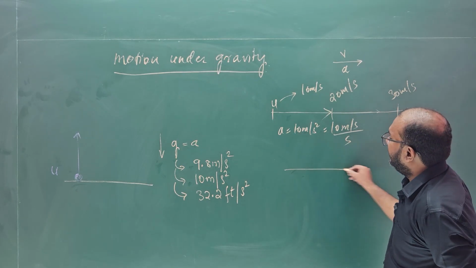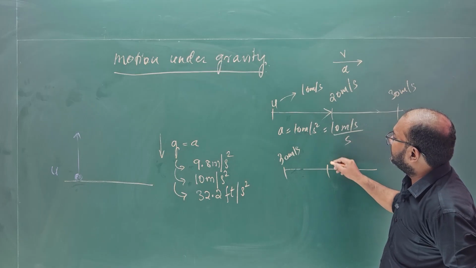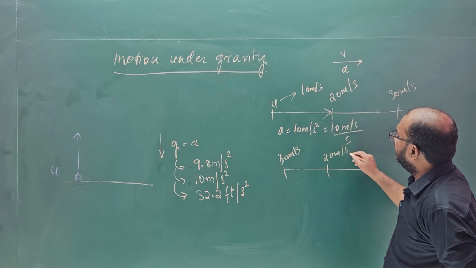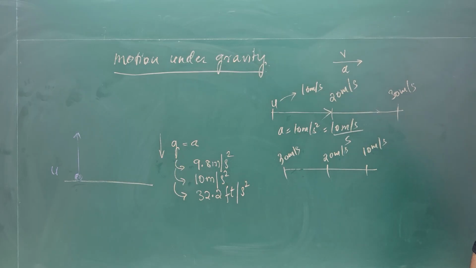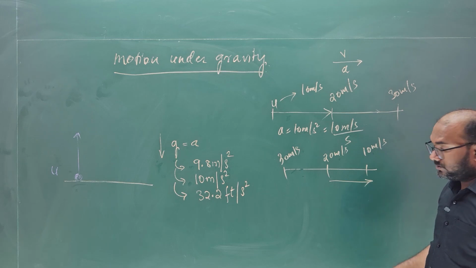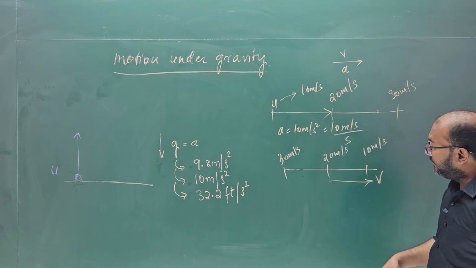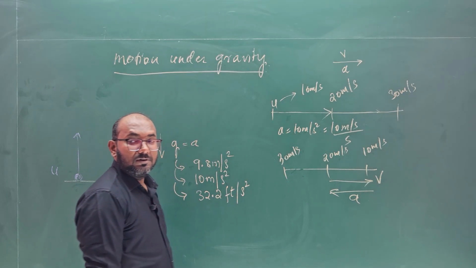If, for example, the velocity at this point is 30 meter per second, after 1 second it is 20 meter per second, after 1 more second it is 10 meter per second, can I say that the velocity is decreasing? Even though the body is moving in this direction, this is the direction of what? Velocity. What will be the direction of acceleration? In the opposite direction. So again it is opposite to the direction of motion.